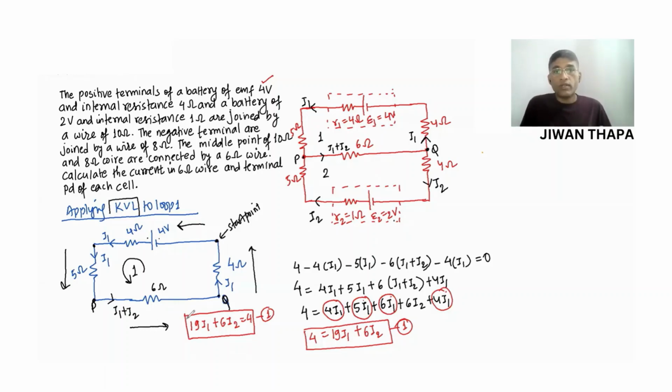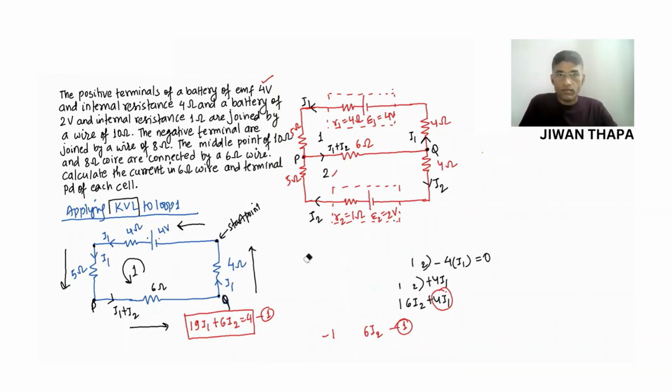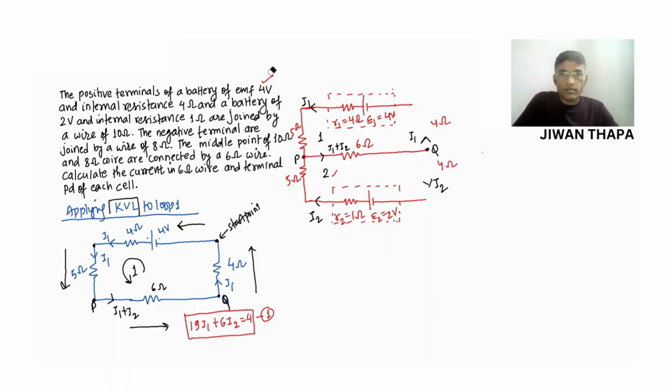Now, we are going to apply Kirchhoff's voltage law for loop 2. So I'm erasing this, and let me erase this also. Next, applying KVL to loop 2. So I'm redrawing loop 2 over here.